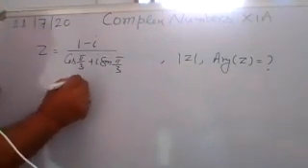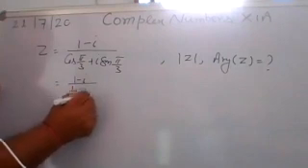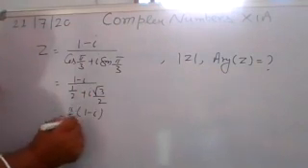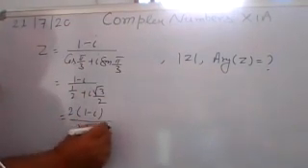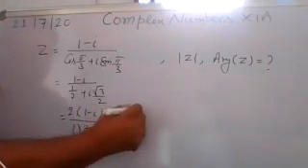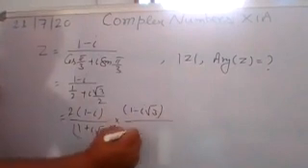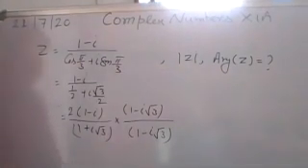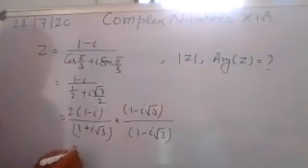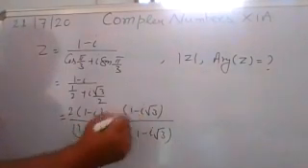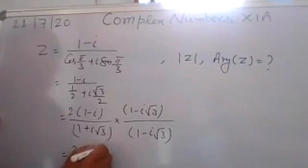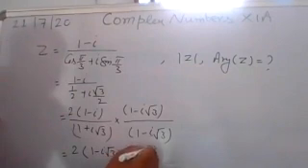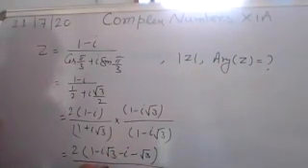So 1 minus i upon 1 by 2 plus i into root 3 by 2. So 2 times of 1 minus i upon 1 plus i root 3 into 1 minus i root 3 upon 1 minus i root 3. Okay. Here you are taking the conjugate. So 2 times, multiplying these two brackets. So 1 minus i root 3 minus i minus root 3. Just check it. And whole divided by 4.